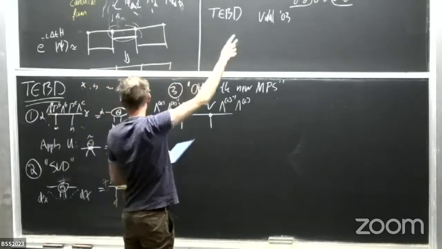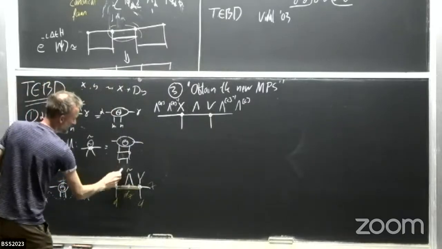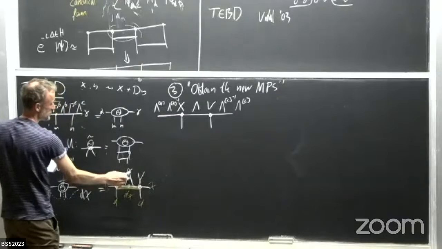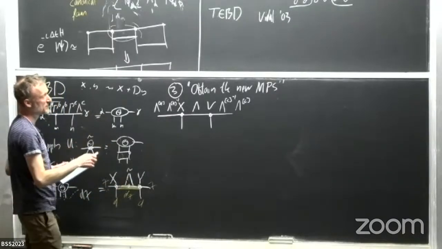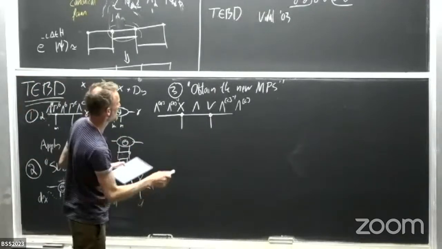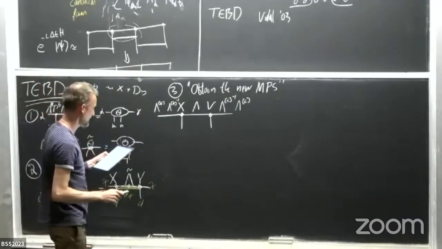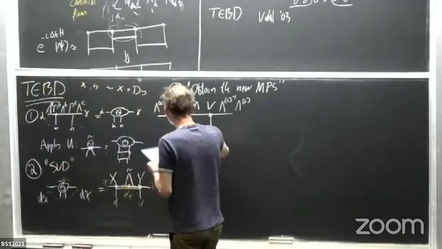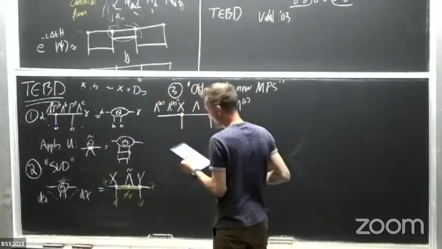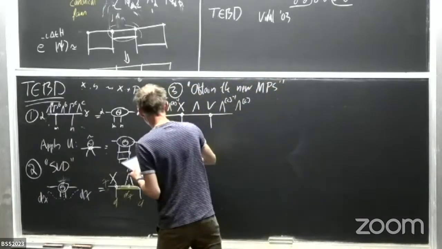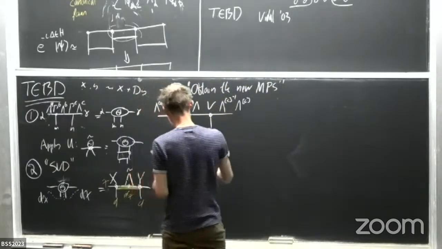So as shown up there, I'm doing the SVD to get my new lambda tilde, which already signals how the entanglement structure has changed by applying my U. And now I want to illustrate how we can get back exactly the form that we had, and I can do this by inserting these identities.